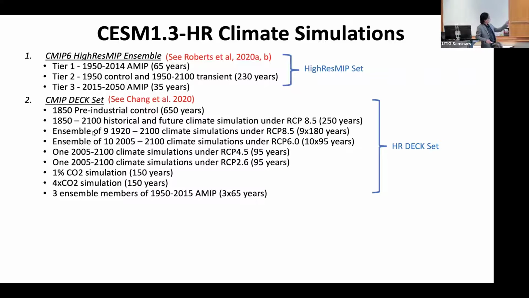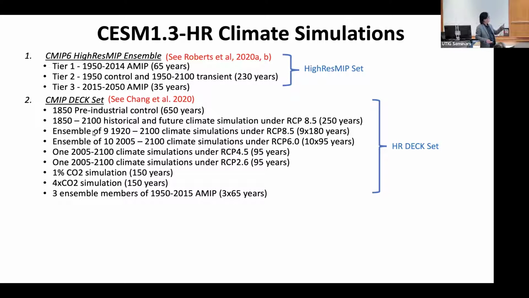And then after that, we branched out from that simulation and did an ensemble of 9 simulations from 1920 to 2100. So adding the first one, we have an ensemble of 10 simulations from 1920 all the way to 2100. And in addition, we also ran a 10-member ensemble of future projection under the RCP 6.0 scenario.